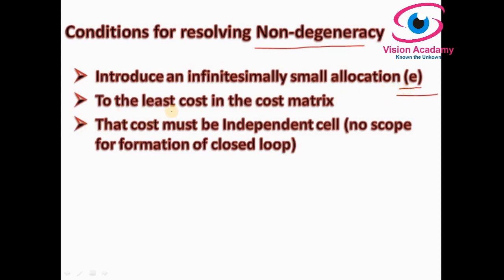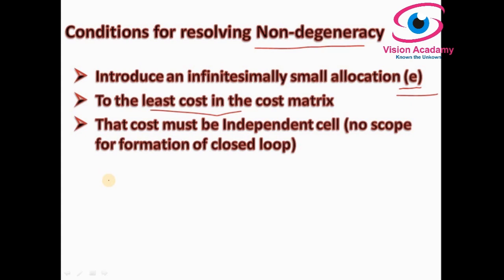You should introduce this E at the least cost in the cost matrix. You should identify the least cost cell in the cost matrix, and then assign that E. Not only that it is the least cost, it also must be independent. Independent means there is no scope for formation of a closed loop. The cell you obtained, that is the least cost, must not be able to form a closed loop.